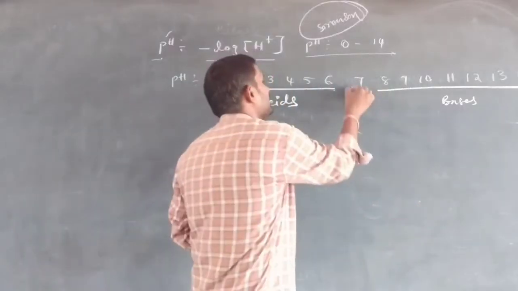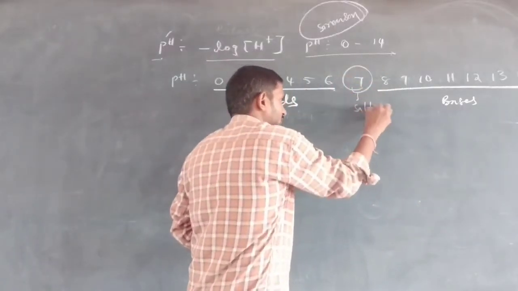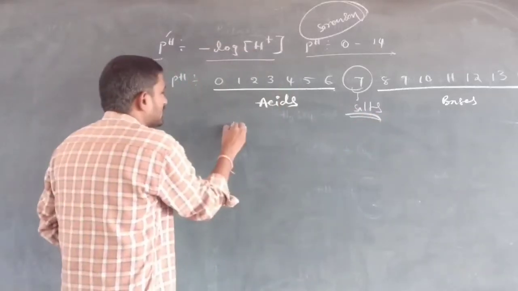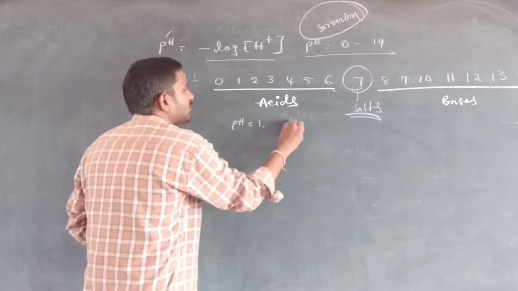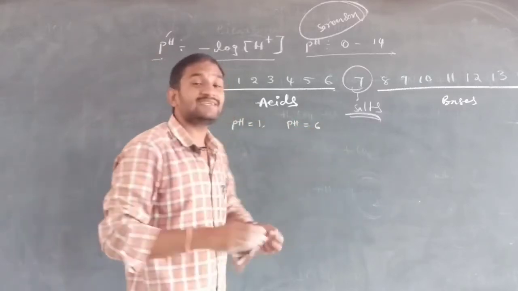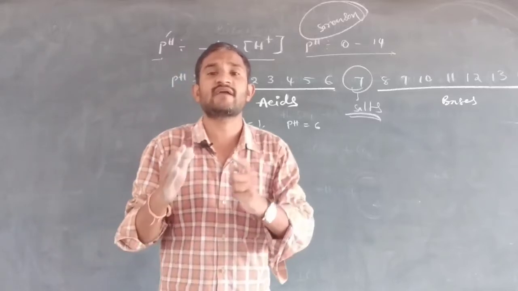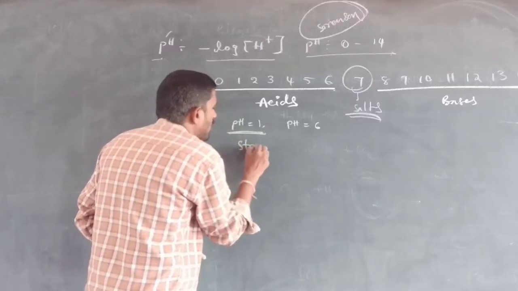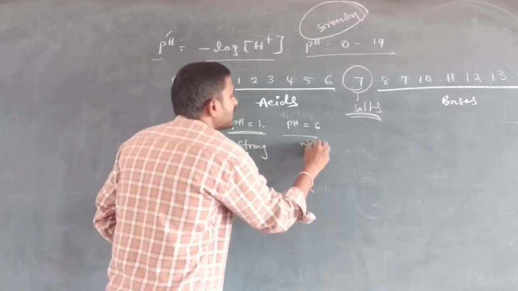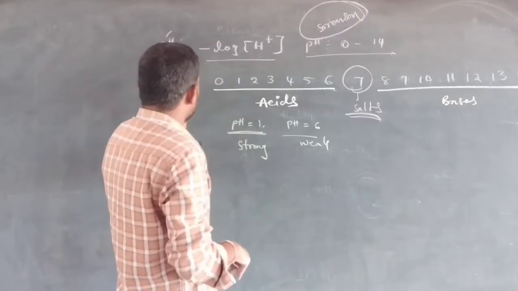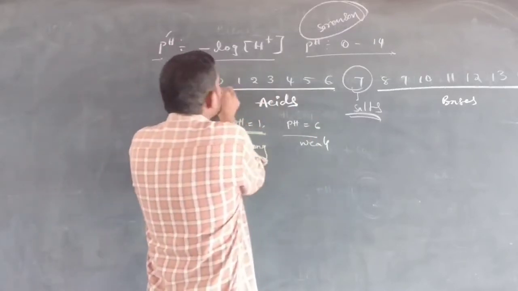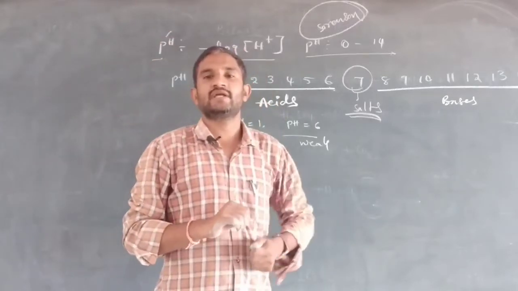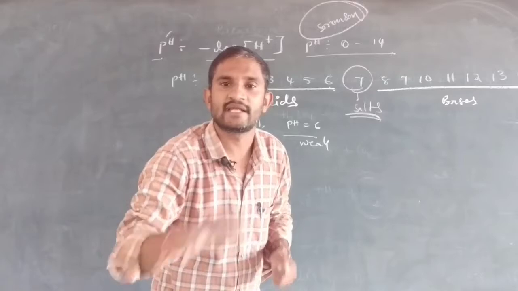Exactly at 7 it is neutral. Suppose I ask, pH 1 and pH 6, which is the strong acid? pH 1 is the strong acid, pH 6 is a weak acid. While we move from left to right, 0 to 6, acidic strength will be decreasing.